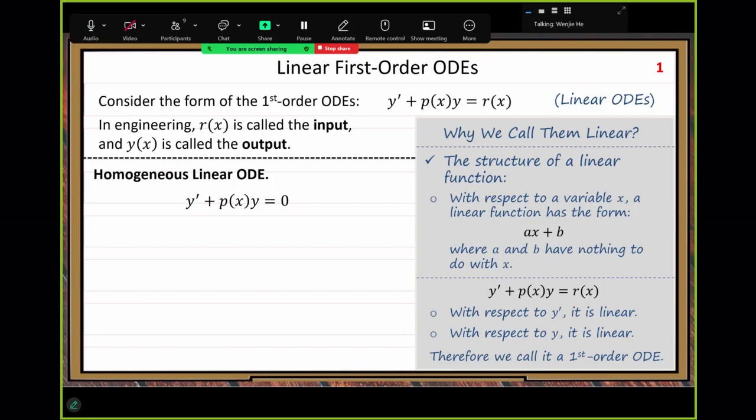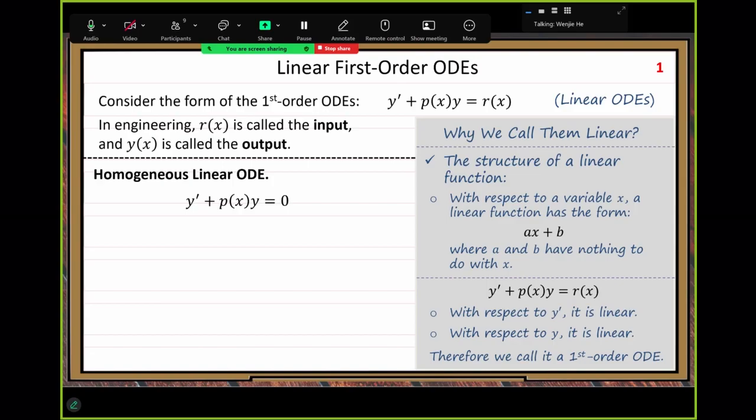Later, when we solve many other equations, we always need to solve the homogeneous version of the original equation. The reason is that usually an ODE has many solutions, not just one solution.